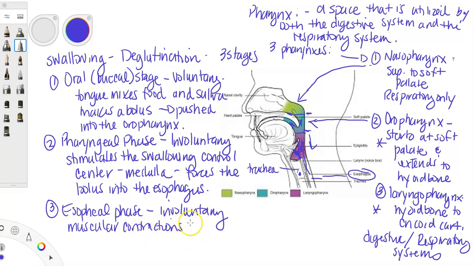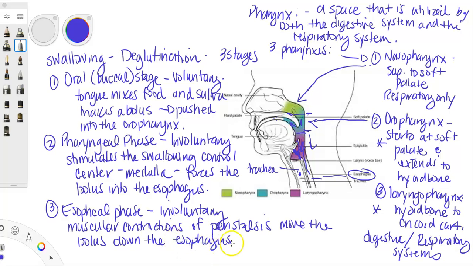So the muscular contractions of peristalsis. This is the squeezing of the tube to squeeze the food along down to the stomach. So the peristalsis that will move the bolus down the esophagus and into the stomach.